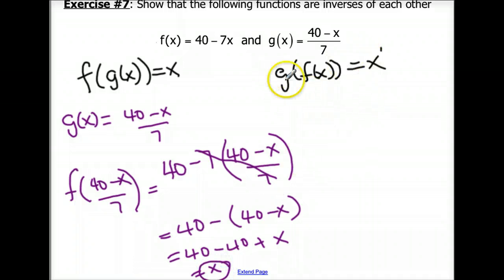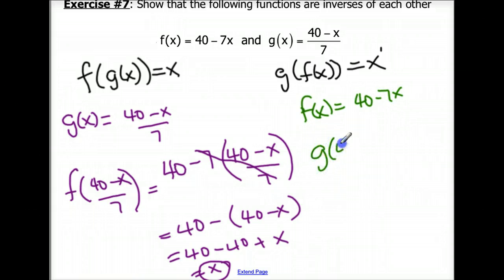So let's try this one out. I'm going to start with my inside, which is f of x, 40 minus 7x. And then I'm going to go to g, and put 40 minus 7x right here. So now I'm going to have 40 minus 7x.